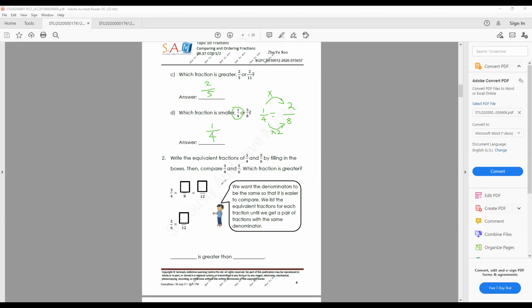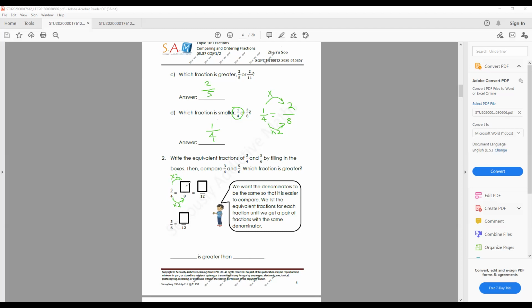Next question. Write the equivalent fractions of 3/4 and 5 out of 6 by filling in the boxes. Then compare 3/4 and 5 out of 6. Which fraction is greater? Let's do this. How does 4 become 8? Times 2.